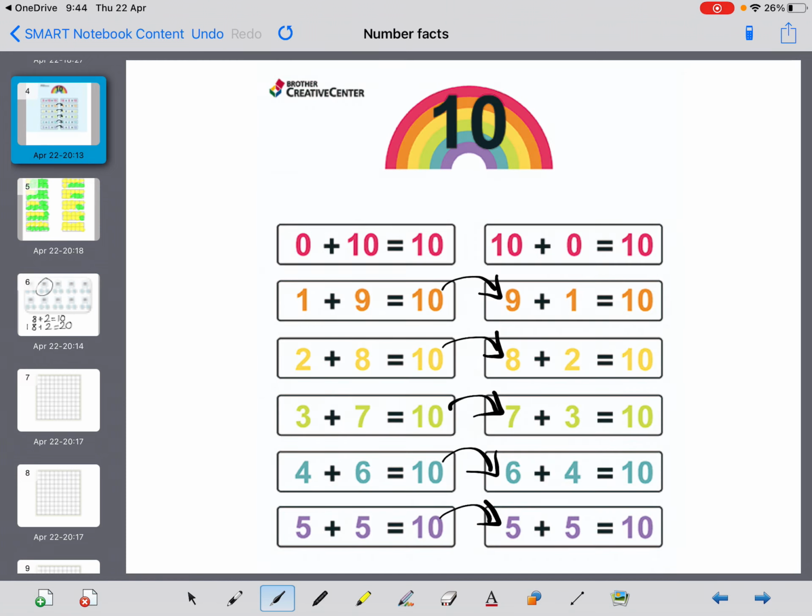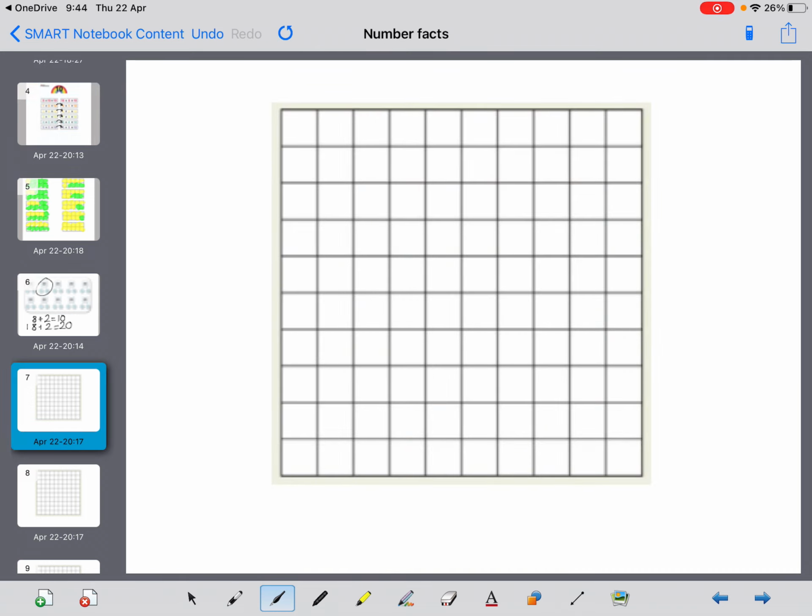Again, once we know our number bonds to 10 fluently, this will also help us with our number bonds to 100. So I have a blank 100 square here. I've got 10 rows with 10 boxes or squares in each row. I can work systematically to show my number bonds to 10.